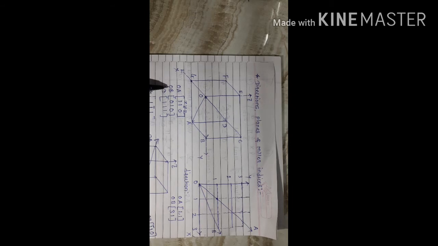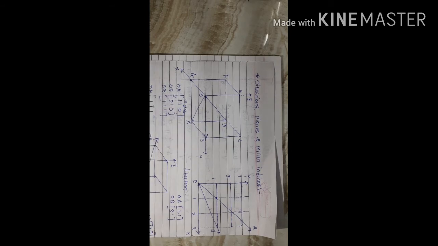Similarly, where is the direction OB? The direction OB is here. The x-axis will be 0, only y-axis is 1 and z-axis is also 0, which means your direction is present along the y-axis. Similarly, to find out the direction at point D, there are coordinates x, y and z.